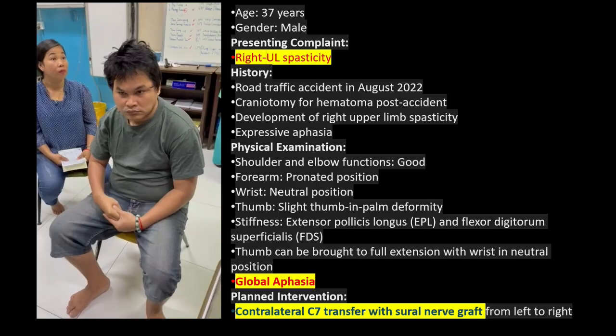The thumb can be brought to full extension, and he also had global aphasia. Based on these characteristics, we planned a contralateral C7 using a sural nerve graft to bridge the gap, as we did not want to do too much dissection, to do a prevertebral route, to do direct coaptation of the contralateral C7.